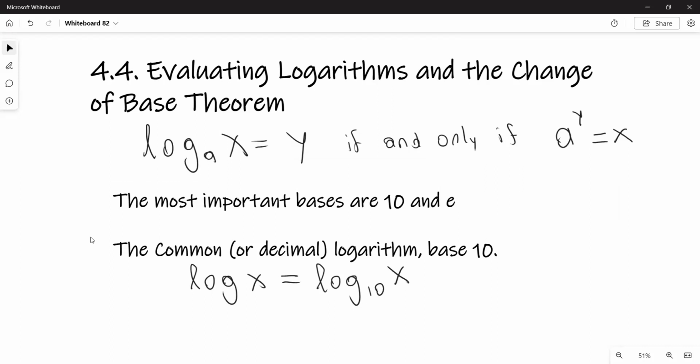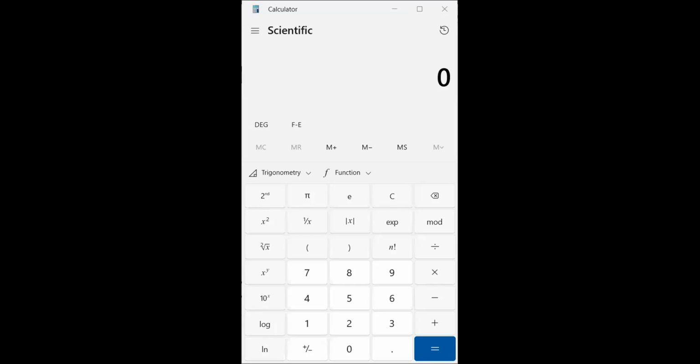And let me show you, I'm sure you have a scientific calculator, but I'm just going to share the one in the computer, and you can see these buttons, log and ln. So if you see the button log, that's logarithm with base 10. What we know for sure is that the logarithm with base 10 of 10 is 1.